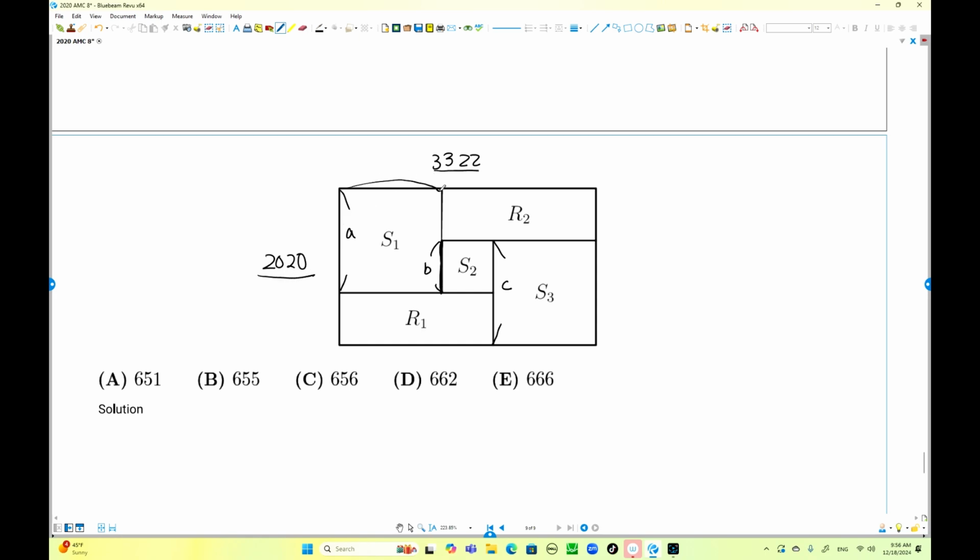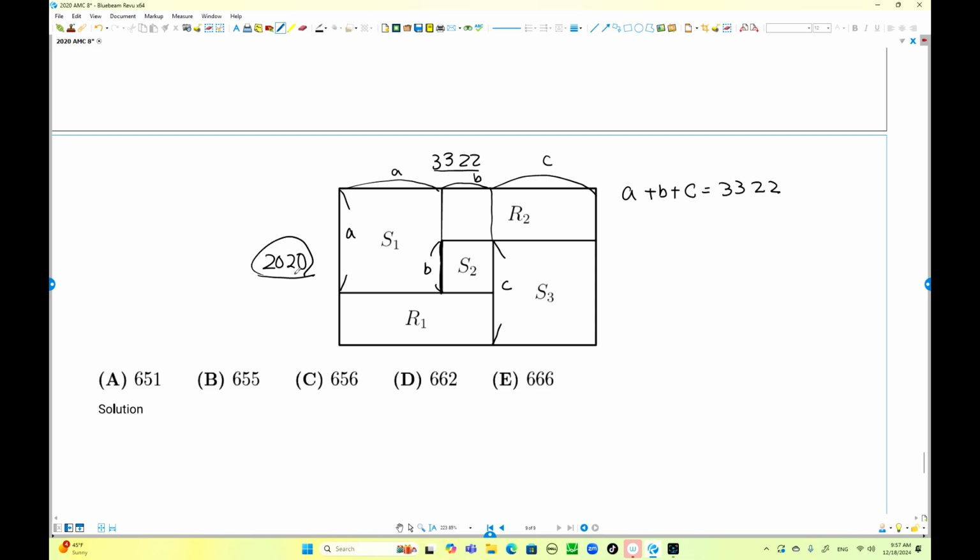What is the length of this side? A. This side? B. This side? C. That's it: A plus B plus C equals 3322.